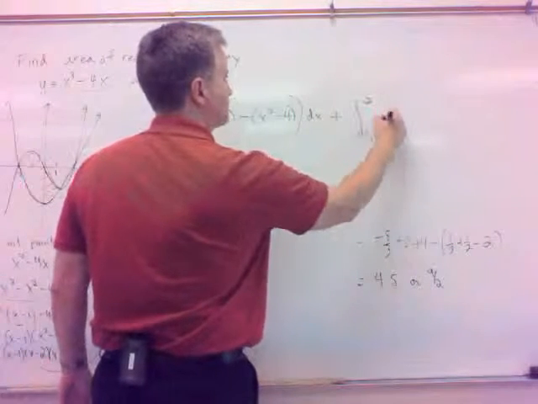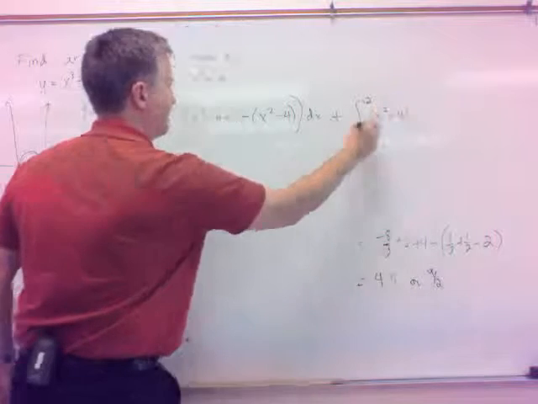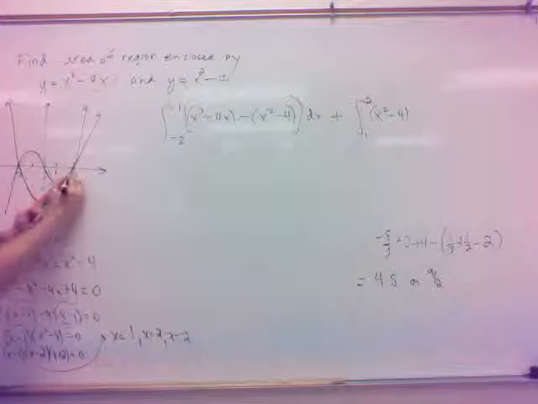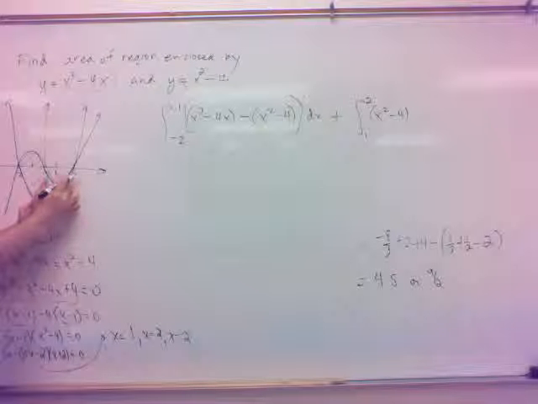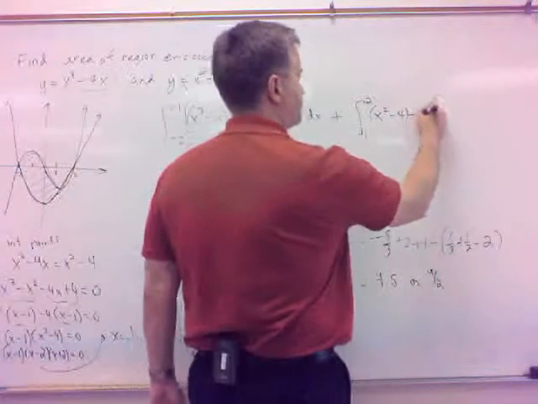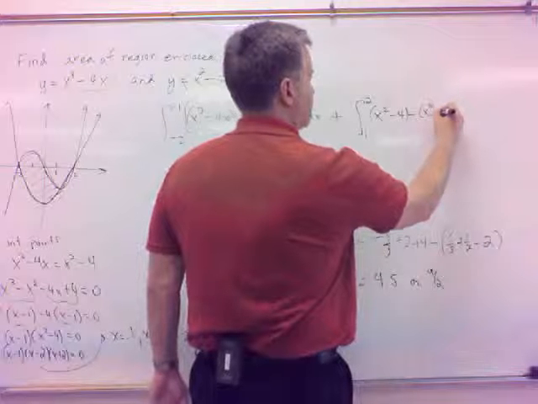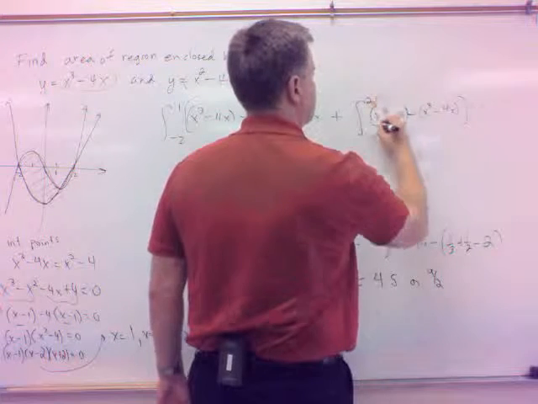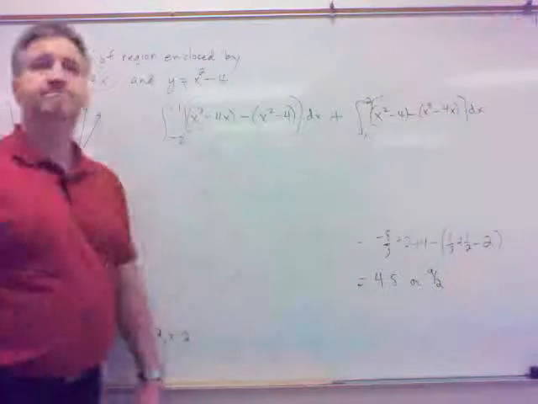The x squared graph's on top, isn't it? This is the x squared graph right here. So the x squared graph's on top from 1 to 2. The x cubed graph's on the bottom. So that's the x squared minus 4 minus the x cubed minus 4x. With me on that?